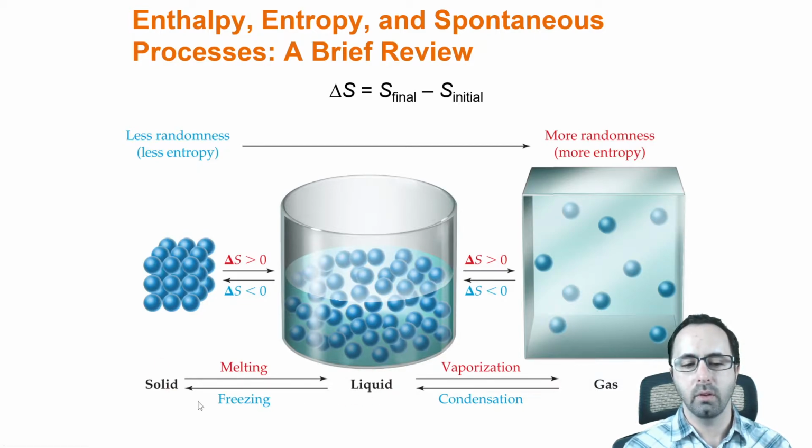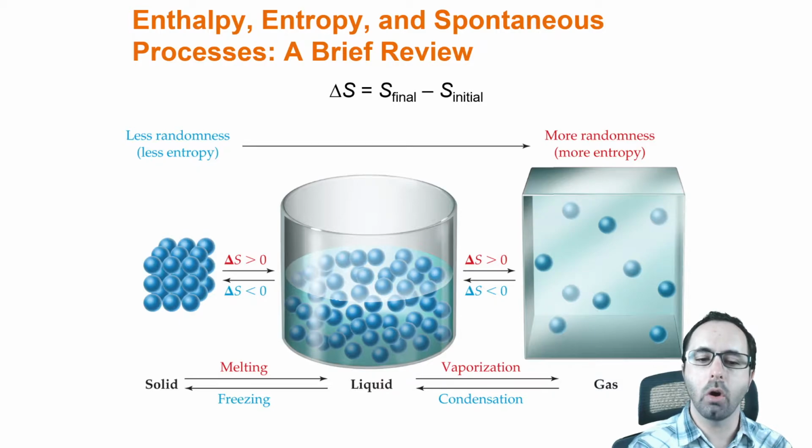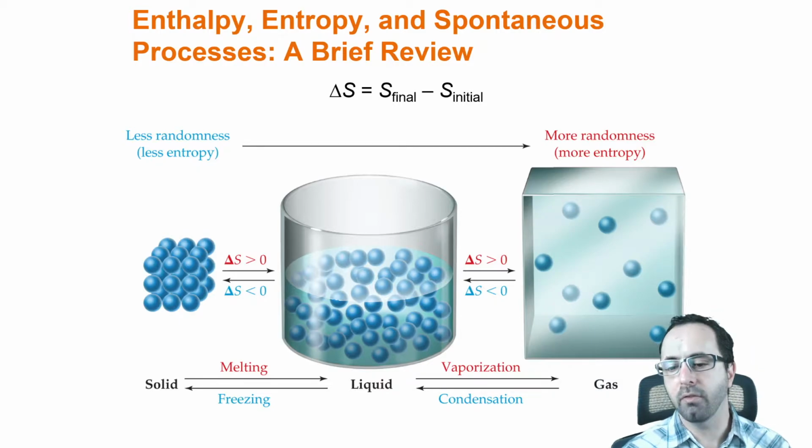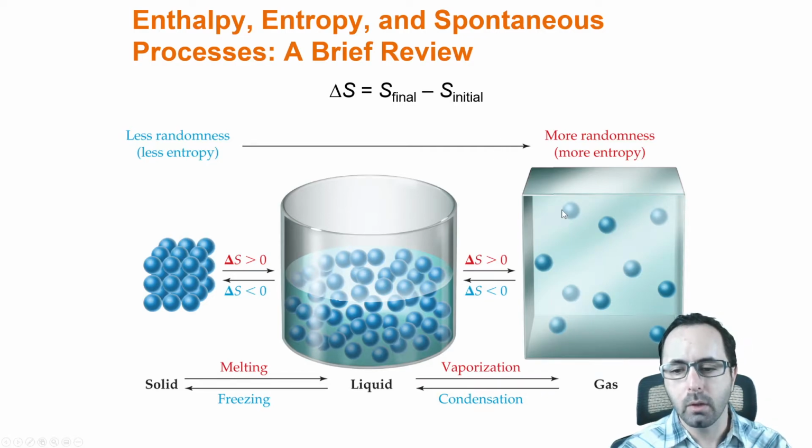From a liquid to a solid is also a loss of entropy. So in general, gases have much more entropy than liquids, which have somewhat more entropy than solids. By far, the greatest entropy is gases. So that's one thing to keep in mind. So gases have greater entropy.